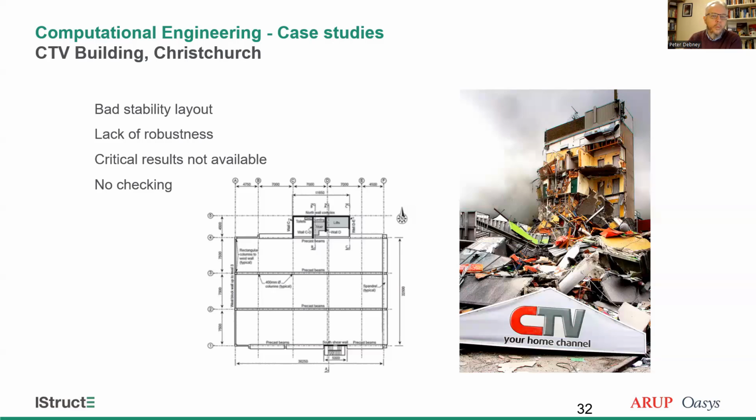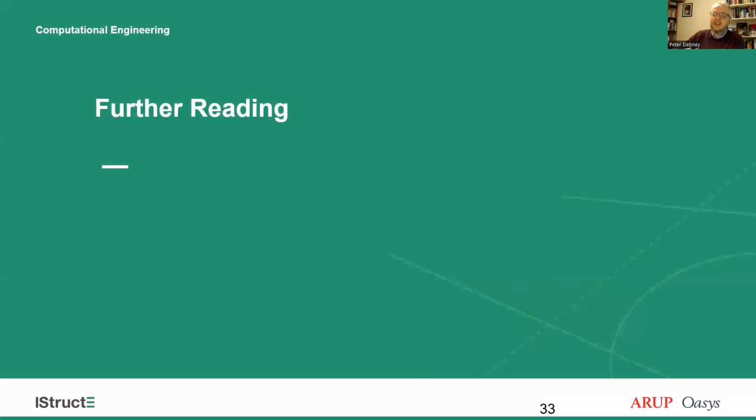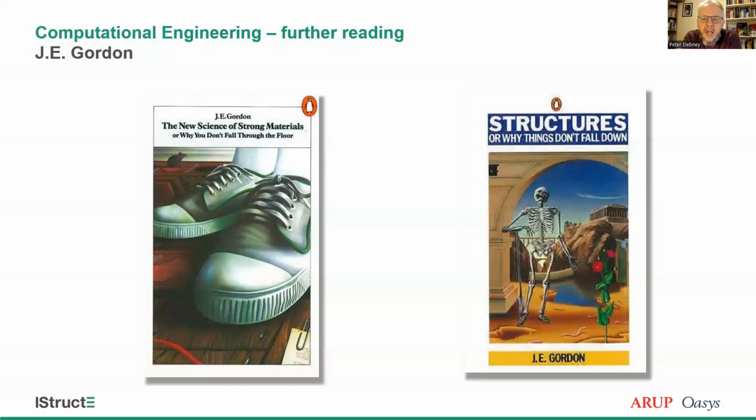So where might you look for additional information? Here are a couple of my favorite books. If you've not read J.E. Gordon's New Science of Strong Materials and Structures, brilliant books. Get them in a local bookshop.